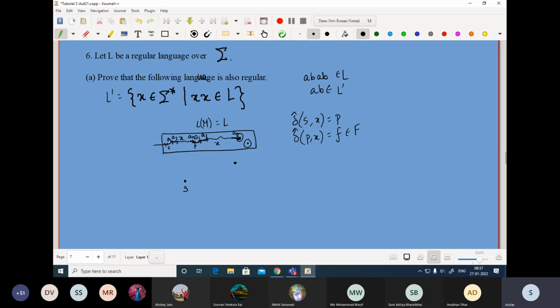You consider S and you consider some other state P. So that means you have a unique path going from S to P. Now you're saying consider the path from P labeled by X. Does it end up in S? Are you saying something like this? If there exists some path like this, then I make an epsilon transition from there.